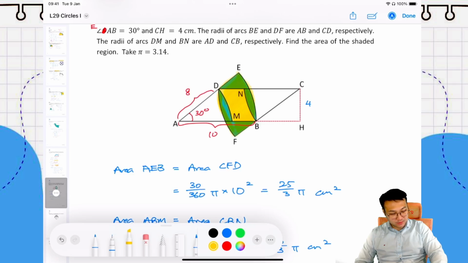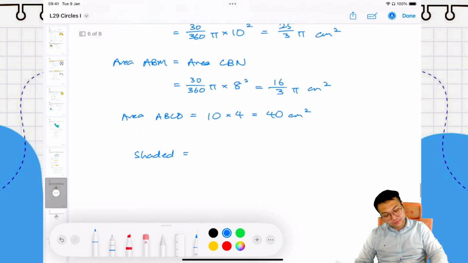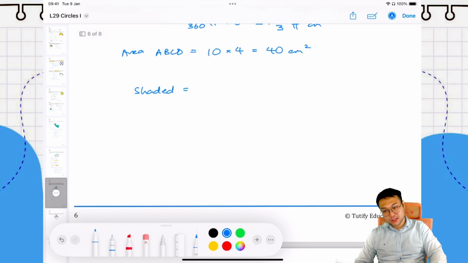If you have this weird shape, you minus the unshaded part in the middle, get rid of this red part, which is also another weird shape. Then you'll be able to find the shaded region. Am I right? So let's write it down first. You want to find the shaded region, you need BEDF minus BNDM.